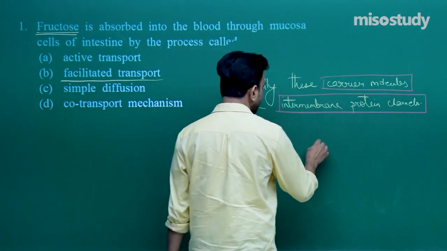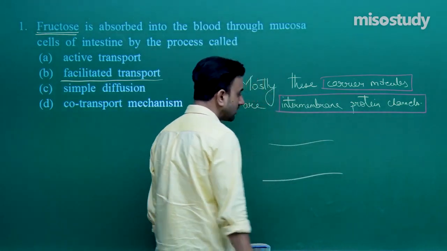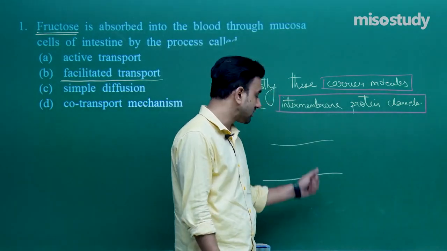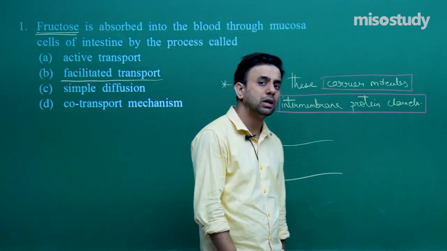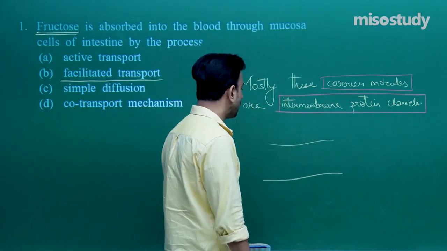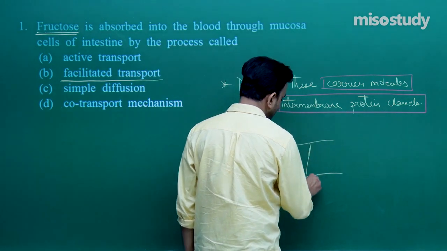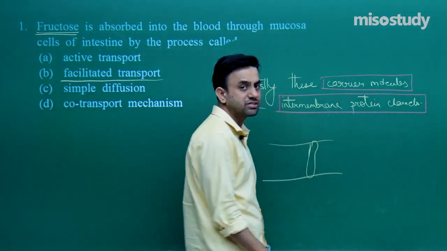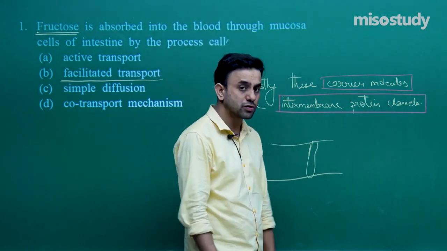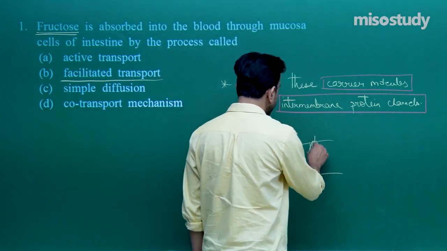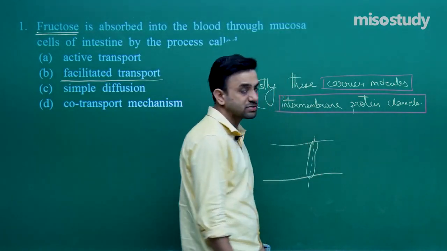For example, if this is the membrane, we all know it's a phospholipid bilayer, and across this layer there will be integral proteins embedded here, and across them the transport of substances will take place.